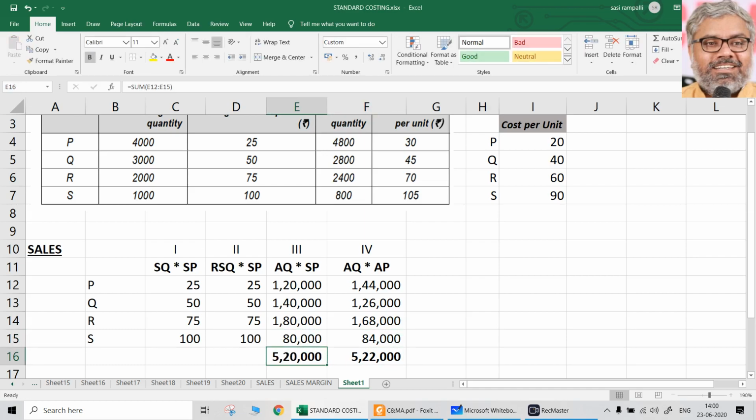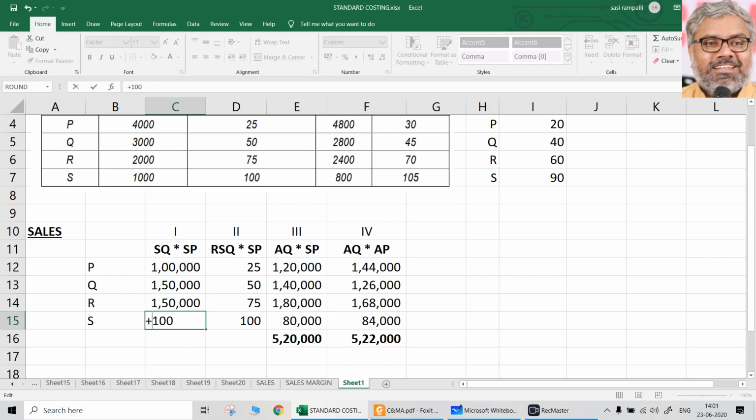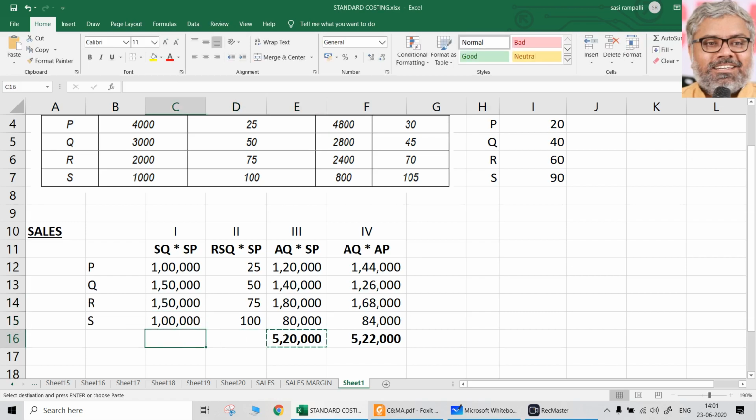So this is AQSP. Then budgeted quantity is already known. There is nothing for us to calculate here. All substitution, multiplication, nothing great. So 4,000 is the budgeted quantity. Then we have 3,000. Then 2,000. Then 1,000. So that is budgeted sales, which was 5 lakhs.